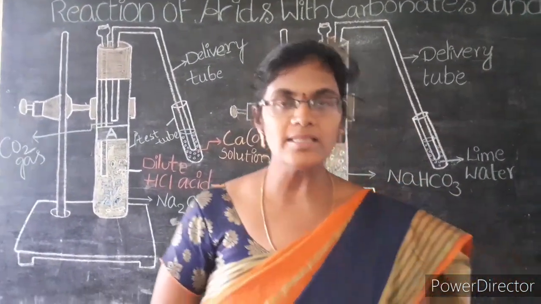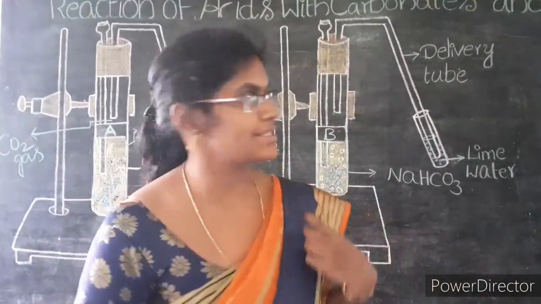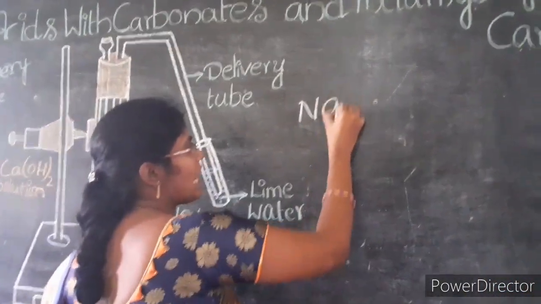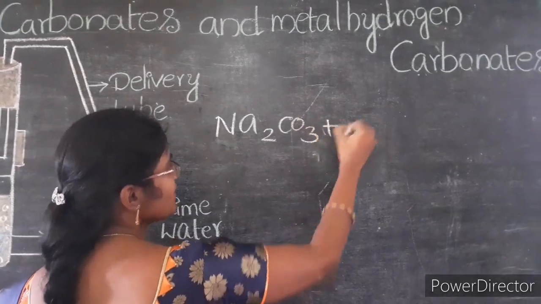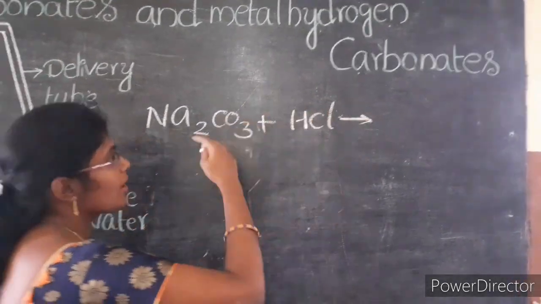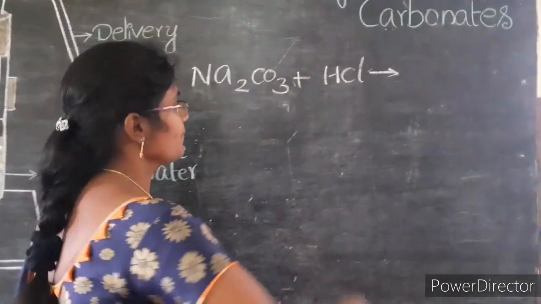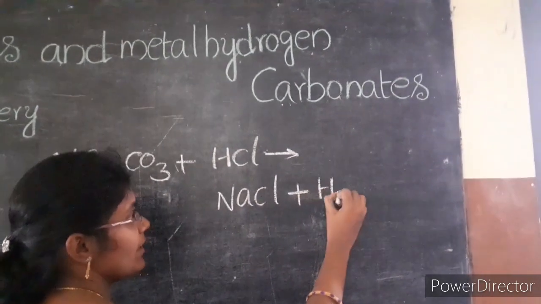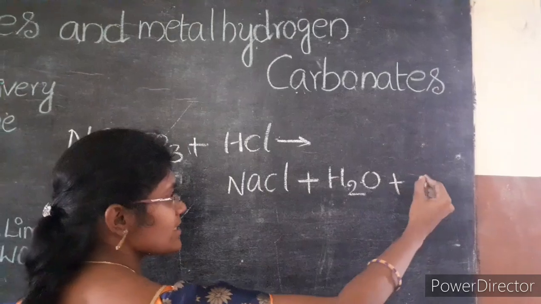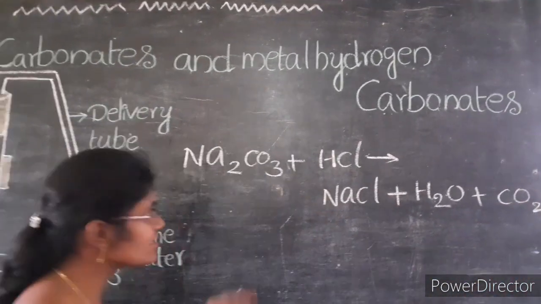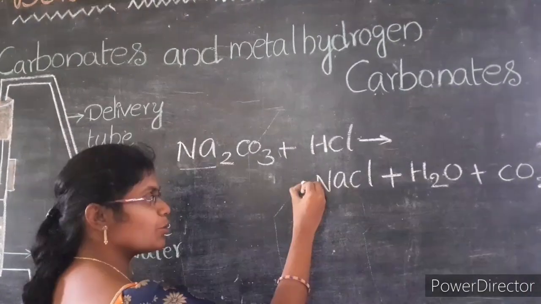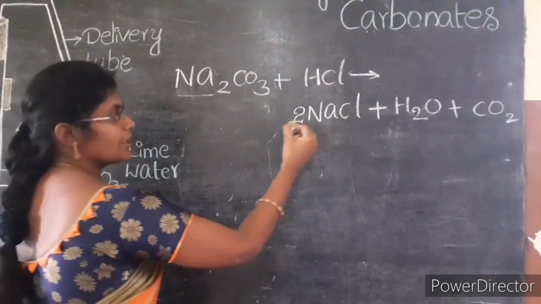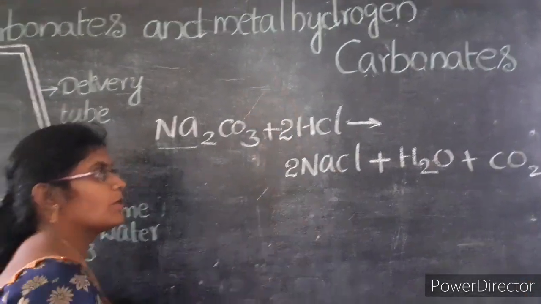Okay, now I will write the chemical equations for these reactions. Look here, in the first case the acids are reacting with metal carbonates. Then here we will get NaCl plus H2O plus CO2. If you balance this equation, here we have 2 sodiums, so you place 2 here, and here 2 chlorines, so again you add here.